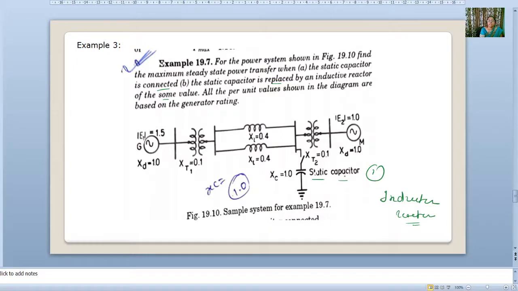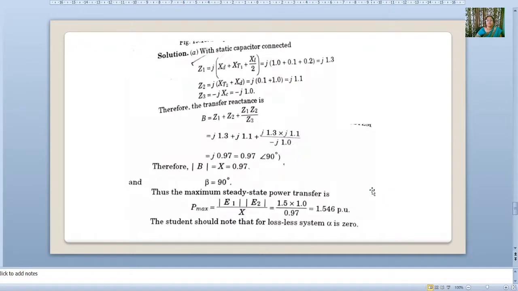Now we'll find out with the capacitor. Only one thing will change in the power transfer equation: Z1, Z2, Z3, where Z3 will be minus jXC.